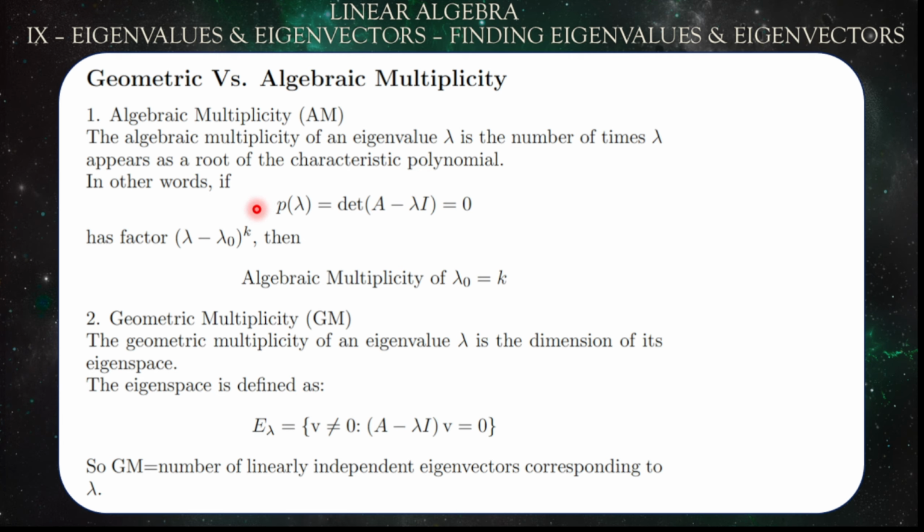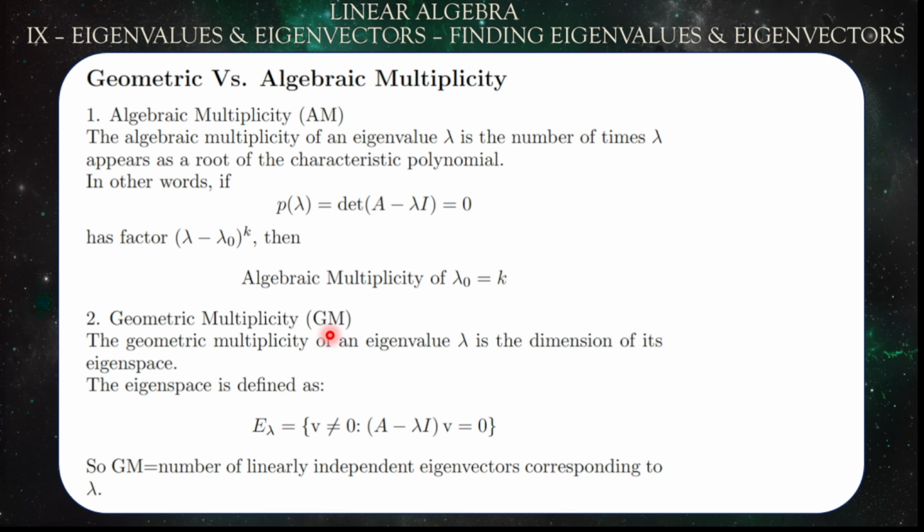In other words, if P of lambda, which is the determinant of A minus lambda I, equal to 0, has a factor (lambda minus lambda 0) to the power of k, then the algebraic multiplicity of lambda 0 is equal to k. Like the duplicate of roots, the number of times lambda appears as a root of the characteristic polynomial.